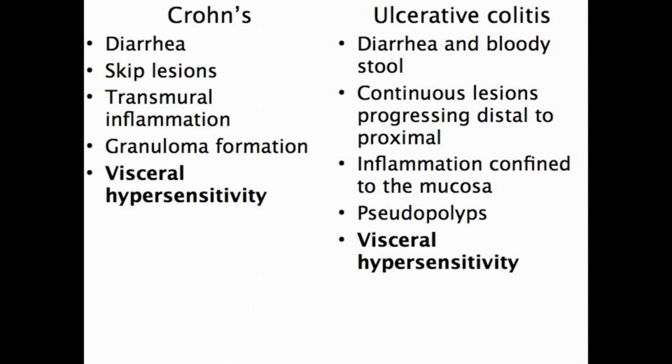Transmural inflammation means that the entire bowel wall is inflamed, and so you can have fistula. You can get holes in the colon, and this is a serious problem. Granuloma formation is basically a fibrotic ball of macrophages, the Pac-Man of the immune system. And visceral hypersensitivity.